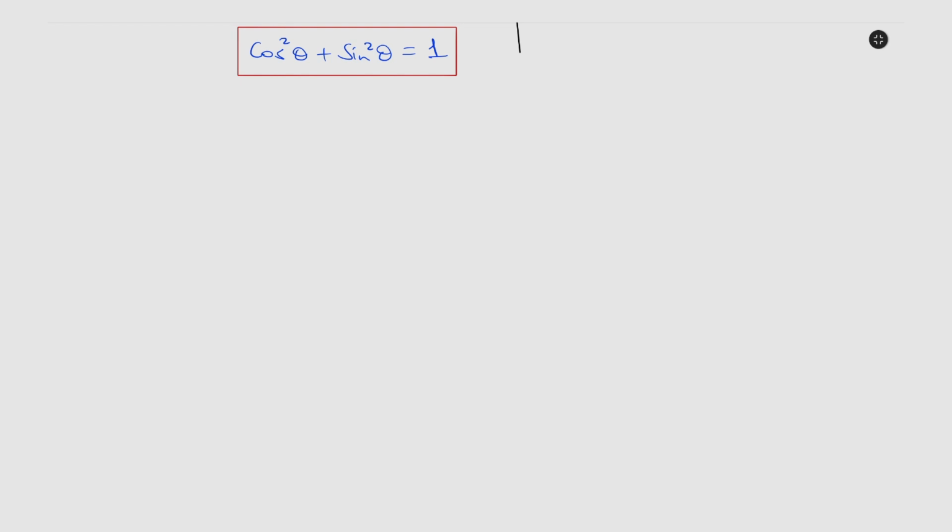For one, we divide all through by cos squared theta.